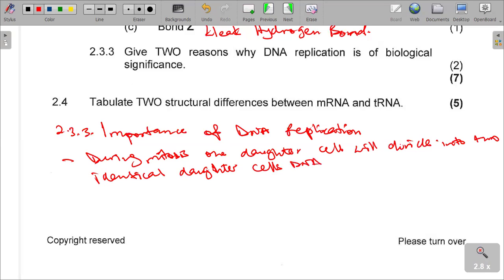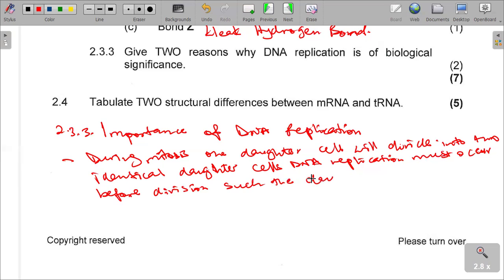DNA replication must occur before division, such that the daughter cell will match the parent cell.